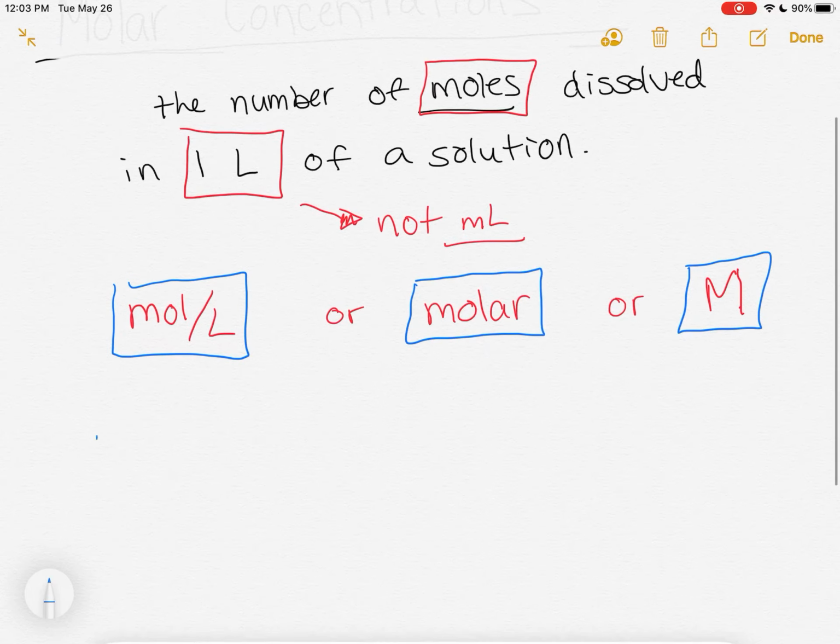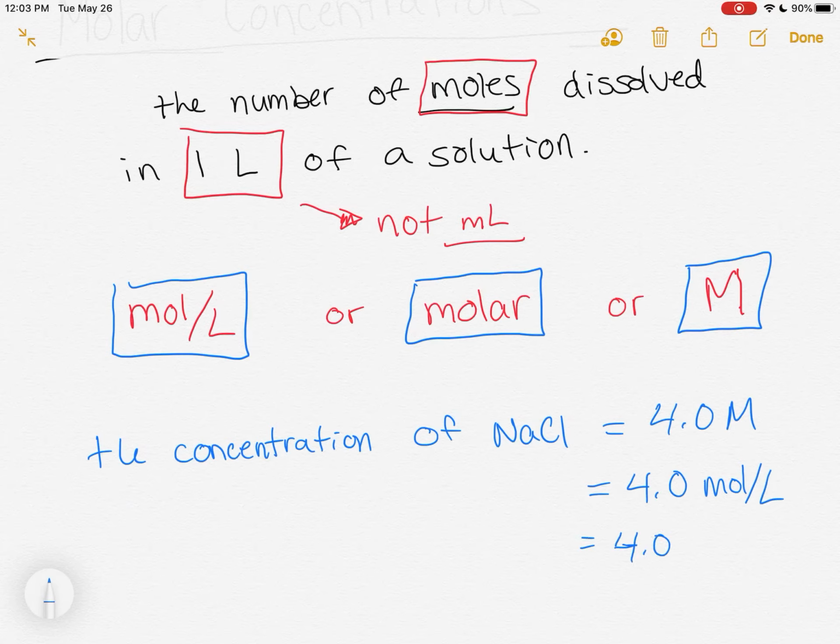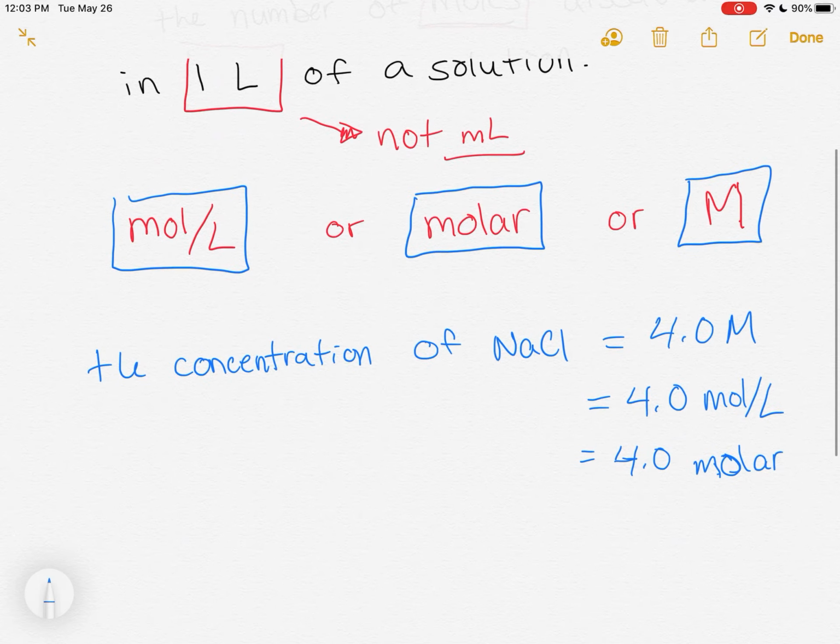You can interchange them however you want to. If you see moles per liter, mol/L, or molar, or that big capital M, they all mean the same thing: molar concentration. For example, we could say the concentration of sodium chloride is 4 moles per liter, or 4.0 mol/L, or 4 molar. All of those are equal to each other.